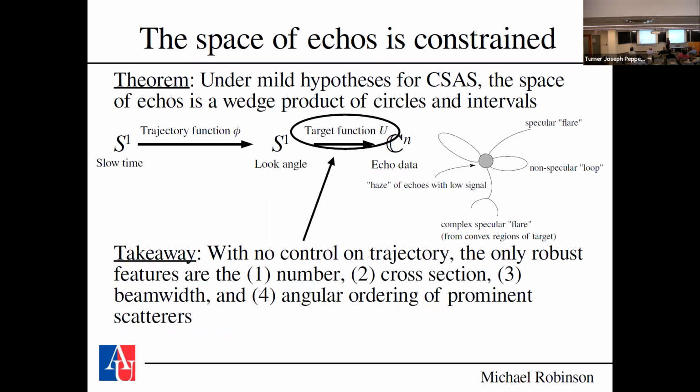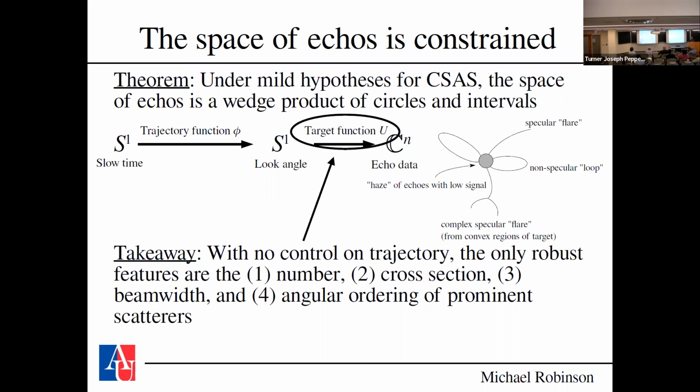So what this means is, in general, if I don't know the trajectory function, don't have any control on it because I'm sloshing around, you basically can classify on 4 different kinds of things. The number of prominent scatterers, their sonar cross-section, how bright they are, how reflective they are, their effective beam width as you move around, that tells you kind of how broad these circles are, and the order in which they occur, as in which order you traverse them as you move around the target.